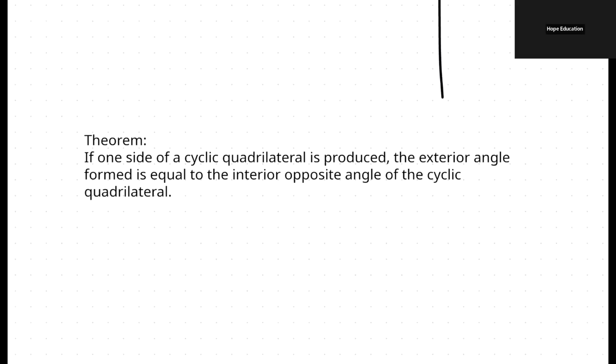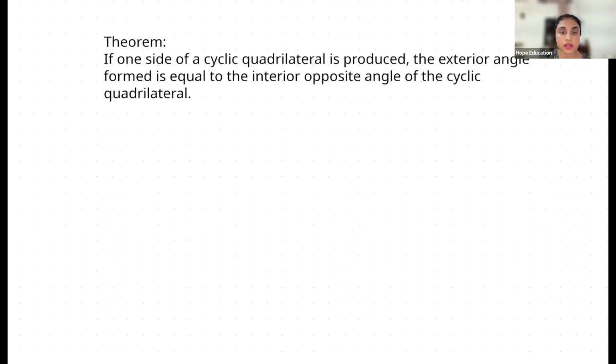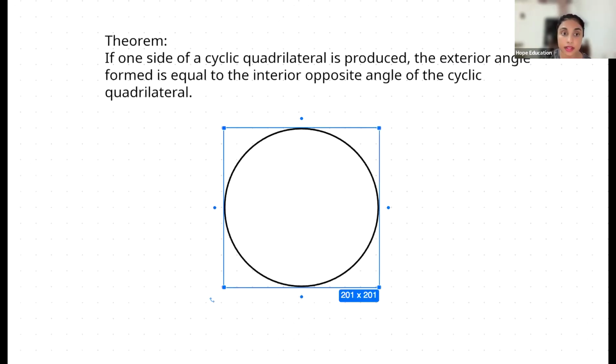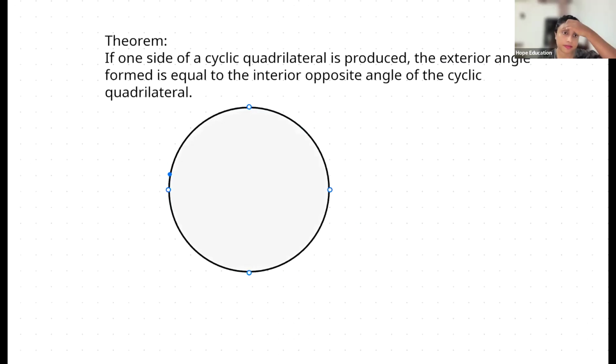Okay. Now, what does this mean? Let me first draw a circle. Let's say I have a circle and this is my cyclic quadrilateral. If you take a cyclic quadrilateral and you produce one side, producing one side means extending the side in a straight line, like this.